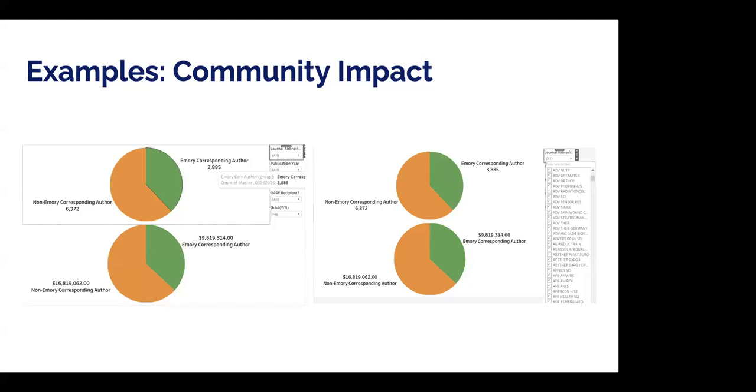Our researchers, our scientists don't do their work in a vacuum, right? They do their work with partner institutions at peer universities and other community organizations. And so we realized that not only articles wherein an Emory author was the corresponding author are part of this story, and we wanted to be able to capture that.